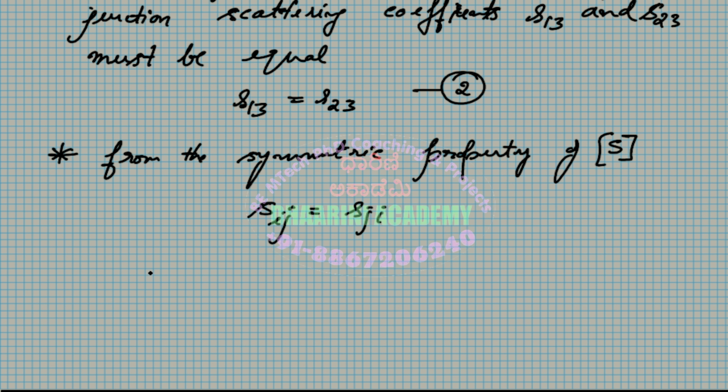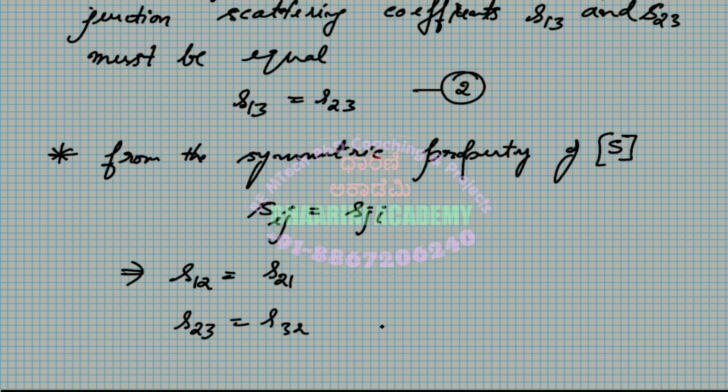This implies I can write S12 and S21 are the same. I can also write S23 is equal to S32. But if you look at equation number 2, S23 can be written as S13.